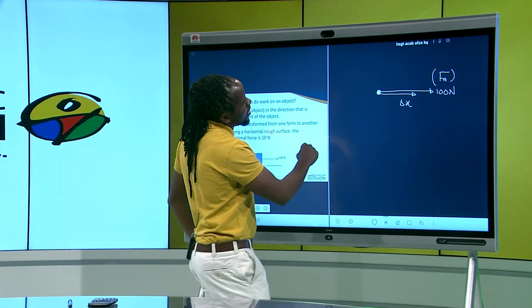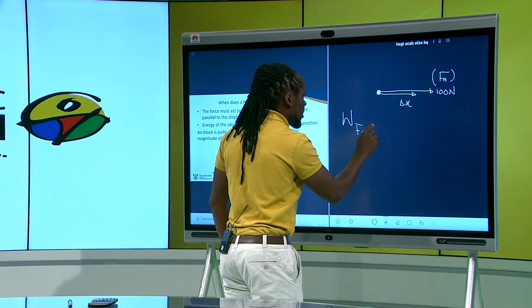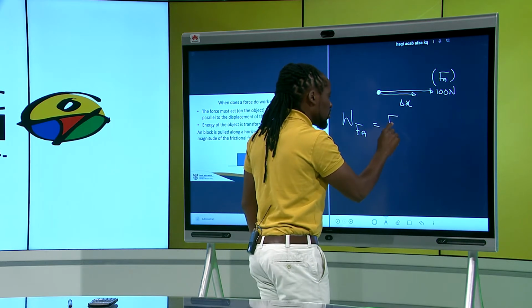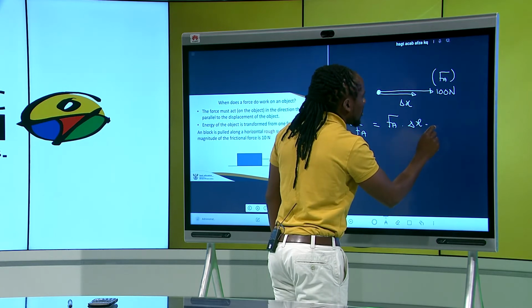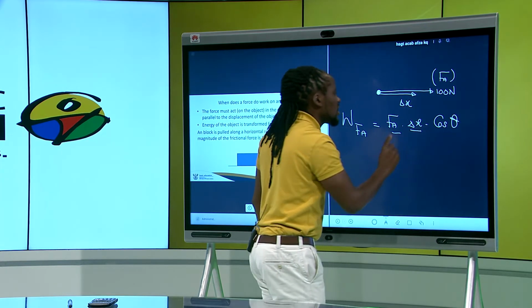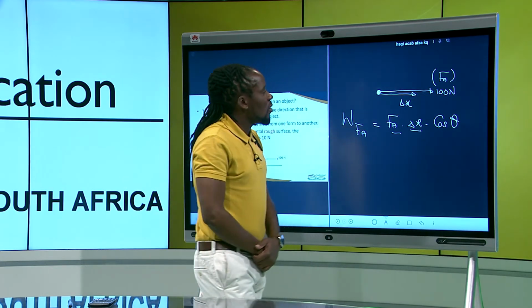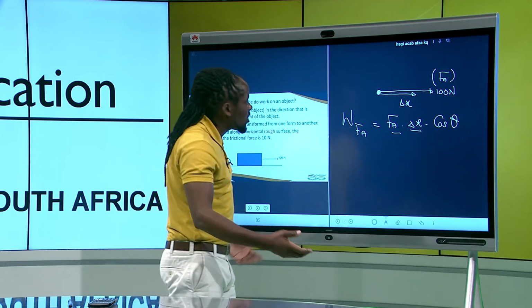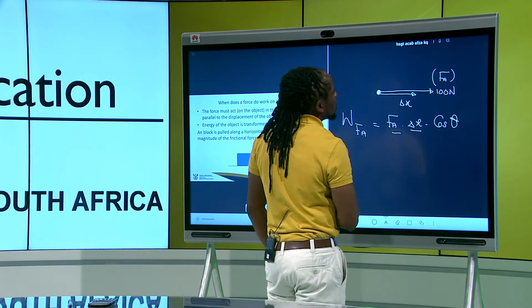So we are going to say that the work done by the applied force equals the applied force itself multiplied by the displacement of the object multiplied by the cosine of the angle between these two vectors. If the displacement is in the direction of the applied force, it simply says to us that the angle between these two vectors is equal to 0 degrees.